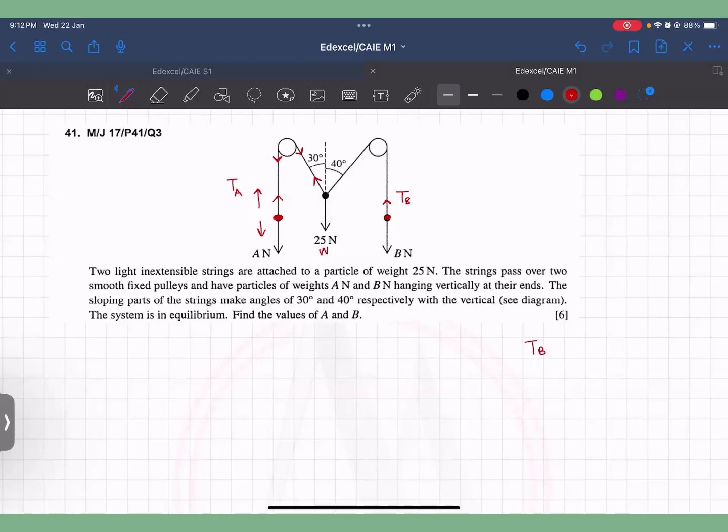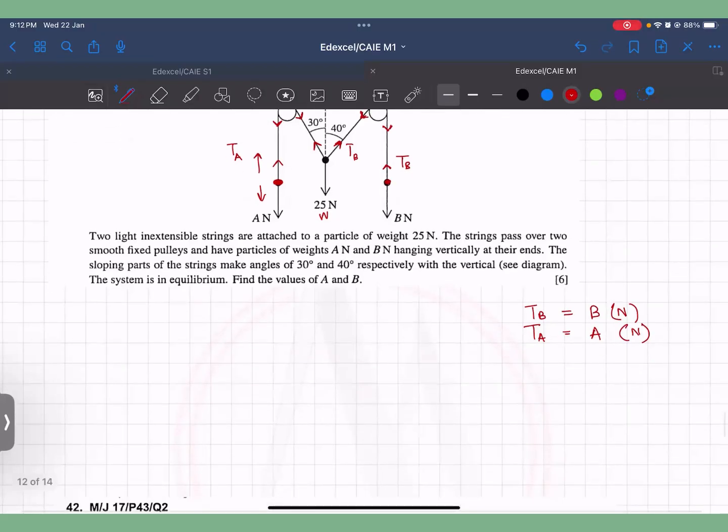The tension in string B, TB, would be equal to the weight of B newtons, and the tension TA would be equal to the weight A. Because the system is in equilibrium, they are cancelling each other out. There is no resultant force, so they are equal to each other. This would also be pulling it upwards, and TB pulling down.